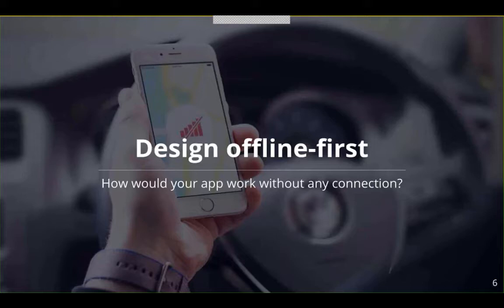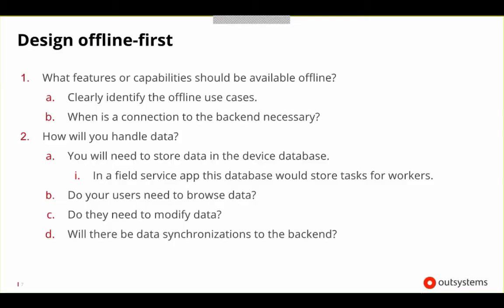In the 90s, you didn't have internet connection 100% of the time. So only now and then you would have internet connection, and your app still worked. So you need to design your app in the same way. How can it work without any network connection?